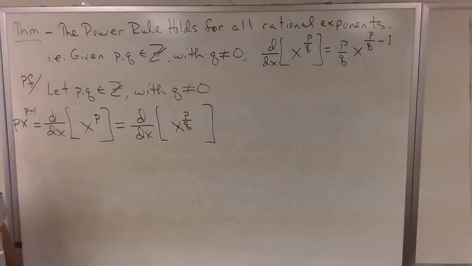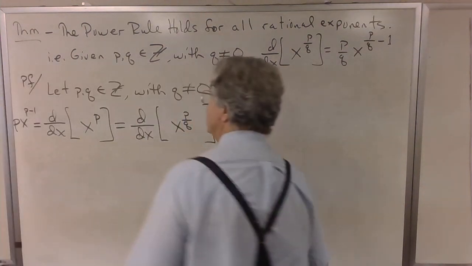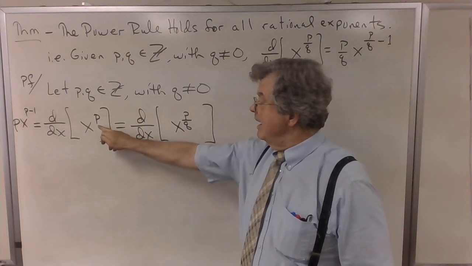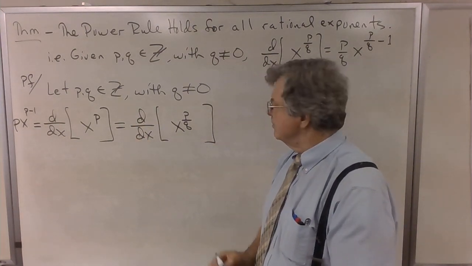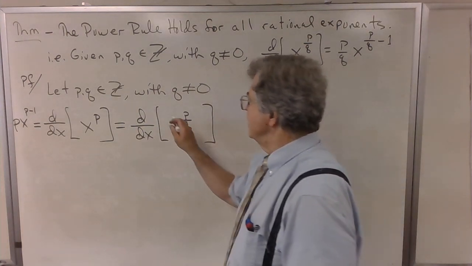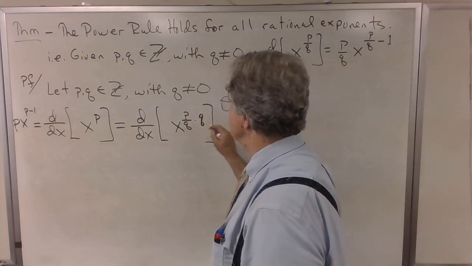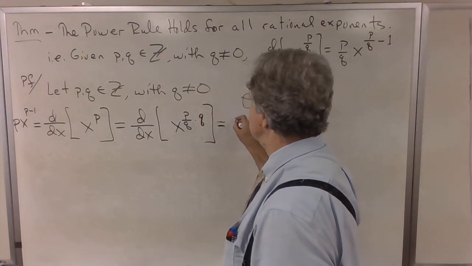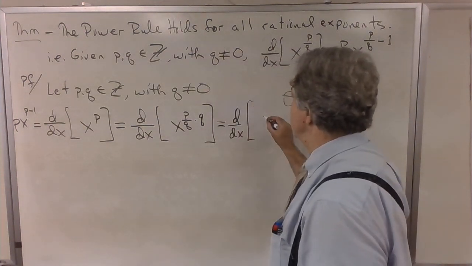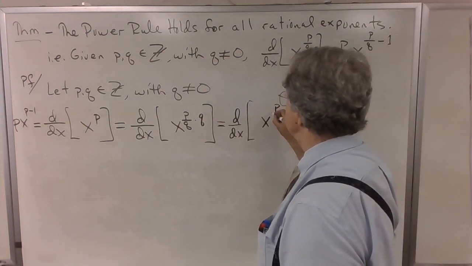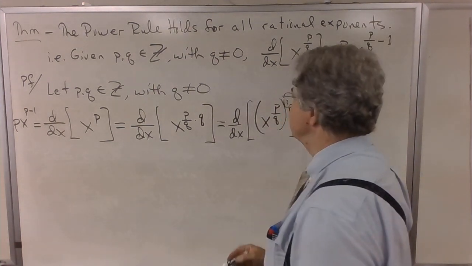Well, I can't just divide this exponent by q. So I'm going to multiply by q. And what this really is, x to the p over q to the q power.